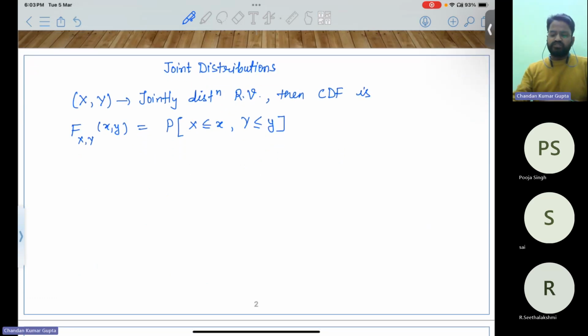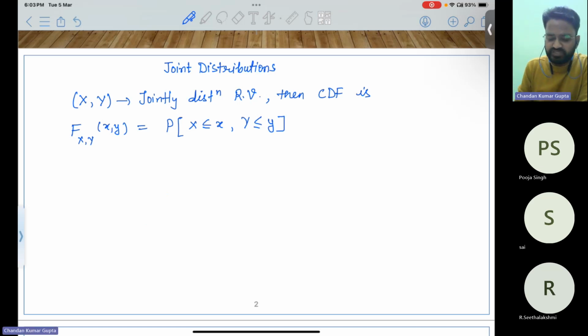In joint distribution, till now we have been dealing with univariate distributions, in which a random variable like x, y, or z follows some distribution, like the height of a student or the weight of a child. Suppose we want to deal with two or more variables simultaneously, then we go to joint distributions.